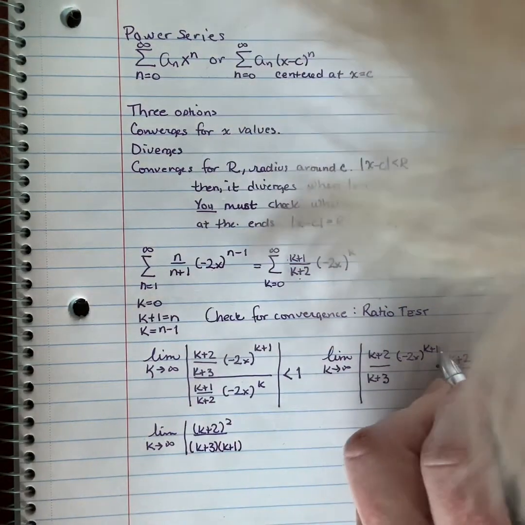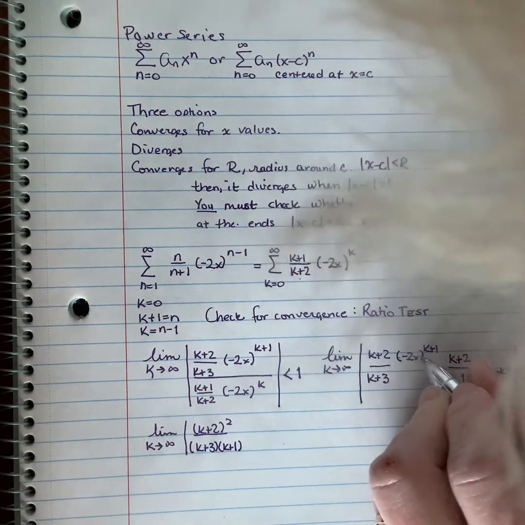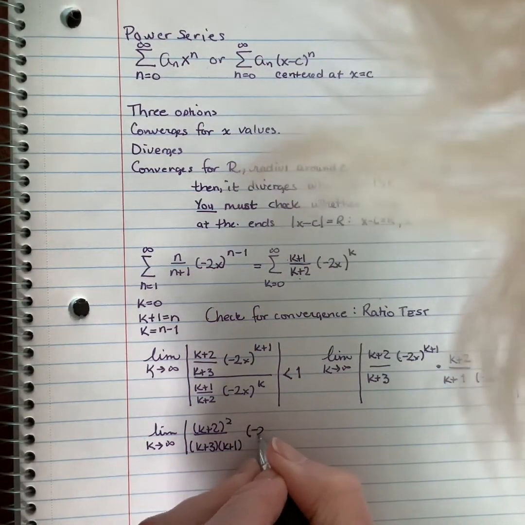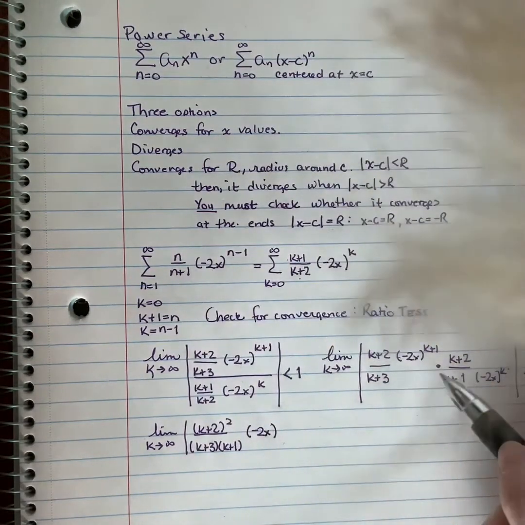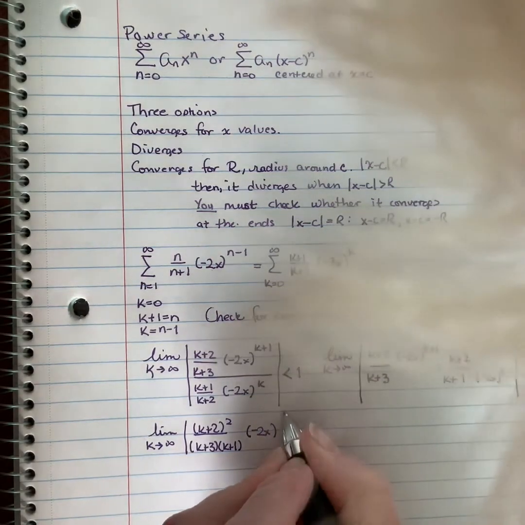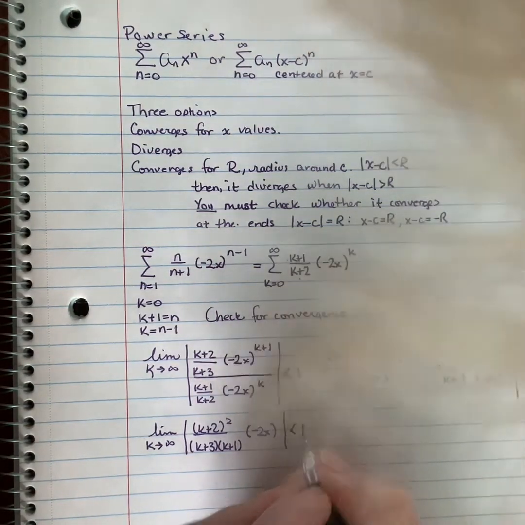And then I've got these. Well, they're almost identical, except this has an extra power, so I'm just going to put minus 2x. Algebra tells us that we subtract exponents, so k+1 minus k is 1. So there it is. And this stuff's got to be less than 1.